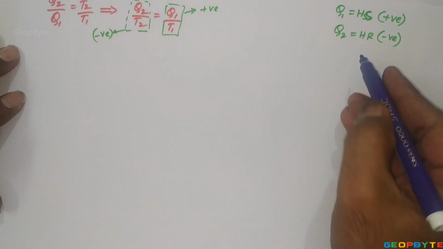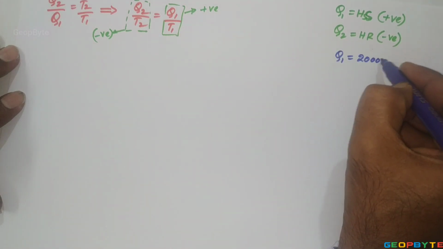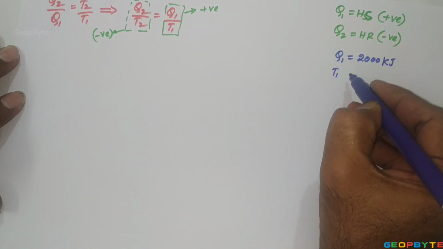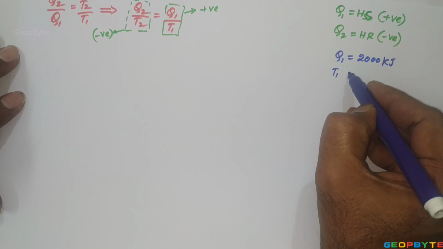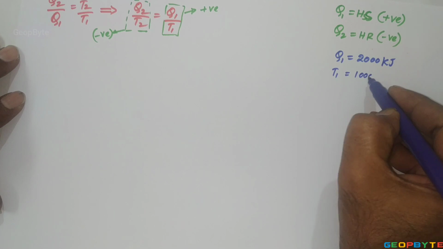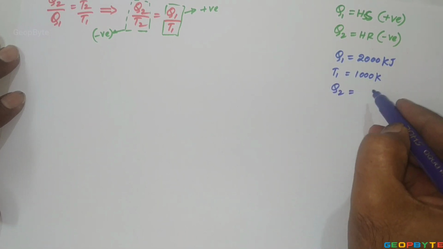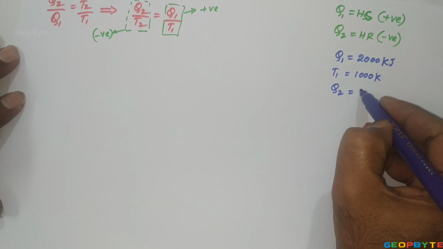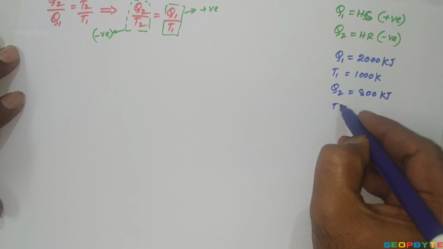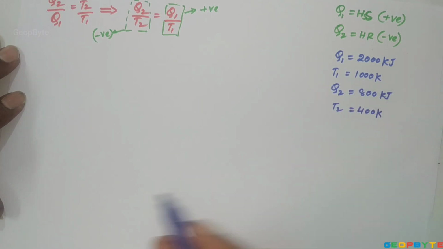Now let us take Q1 equal to some 2000 kilojoules and T1 equal to, let it be, some 1000 Kelvin. Q2 equal to, let it be, some 800 kilojoules and T2 equal to 400 Kelvin.